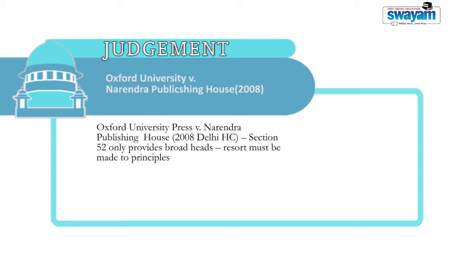In the case of Oxford University Press versus Narendra Publishing House, the Delhi High Court said that we must resort to such principles. Now the important question then is, if section 52 provides an exhaustive guide of fair use, then what is the further necessity of the principles that are usually referred to?